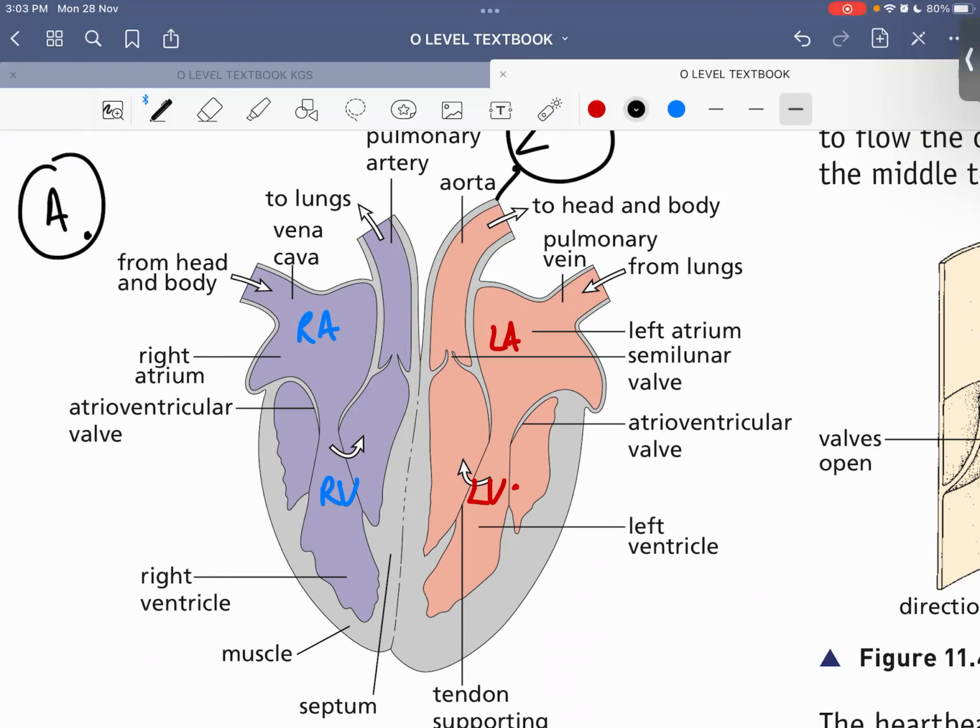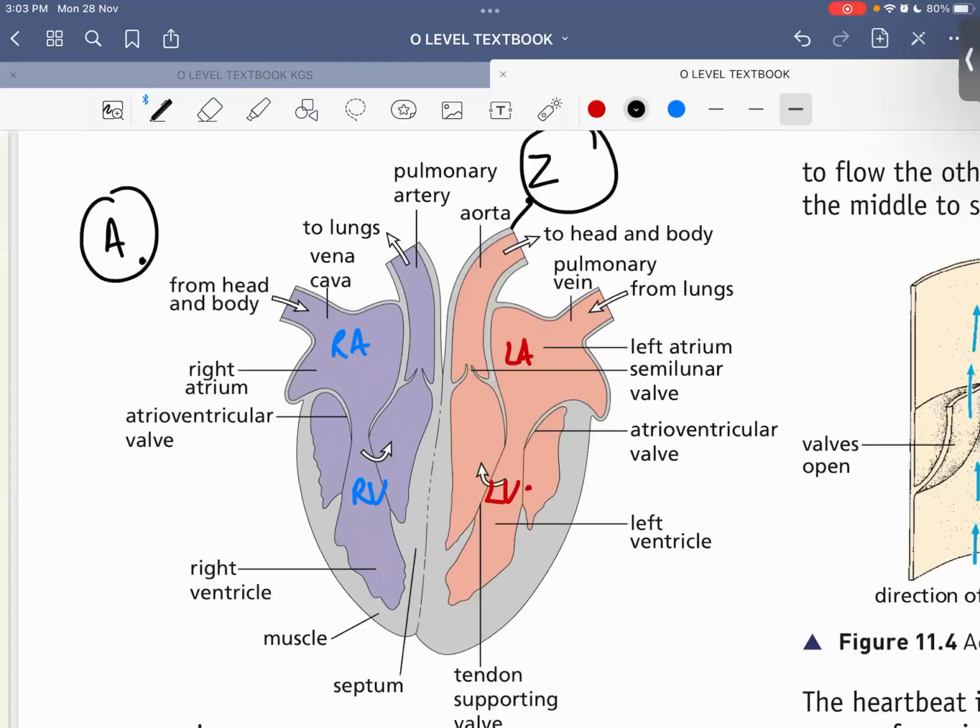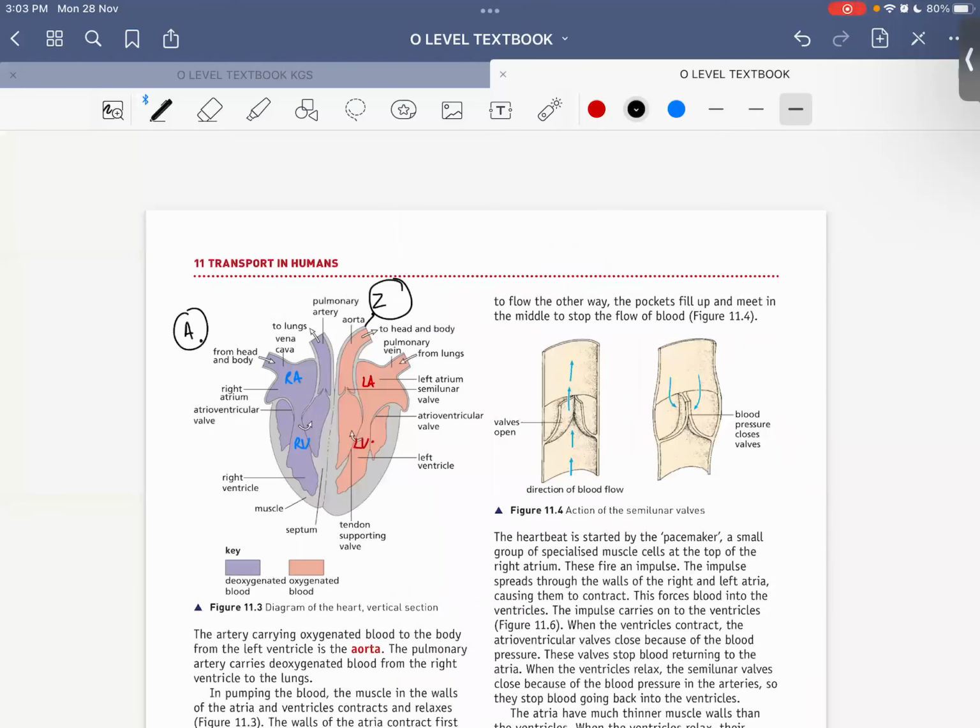Aorta क्योंकि largest है तो ये पूरी body को oxygenated blood दे रही है. Vena cava क्योंकि largest है, so it's bringing the impure blood or deoxygenated blood from the entire body. Vena cava is the largest vein of the body. Okay, ठीक है? So this was your cardiac cycle.